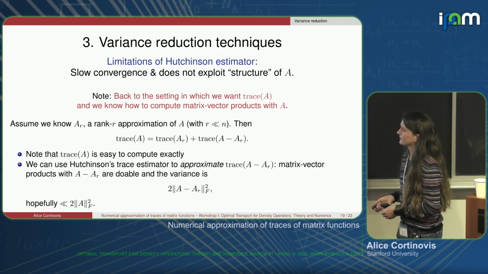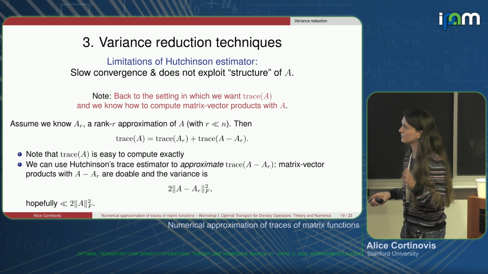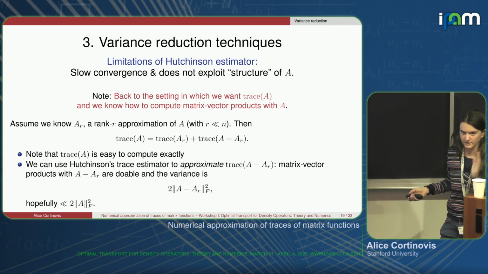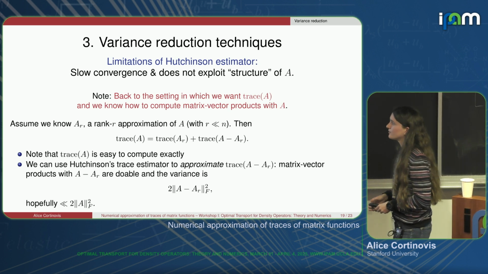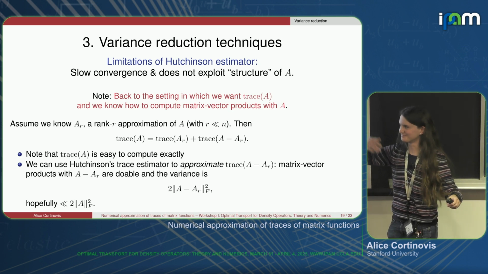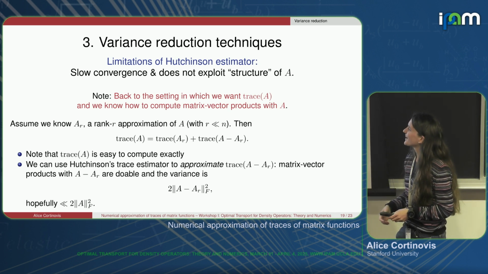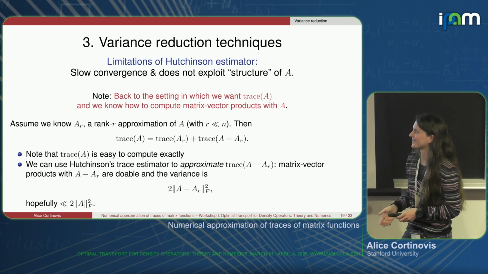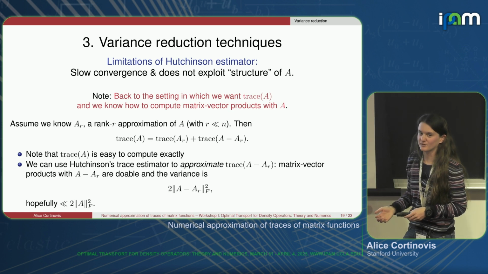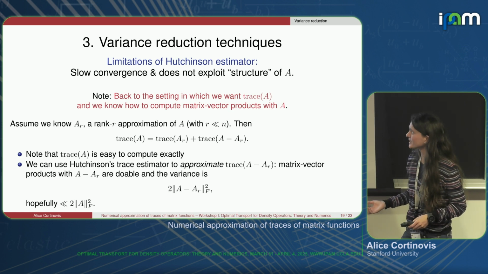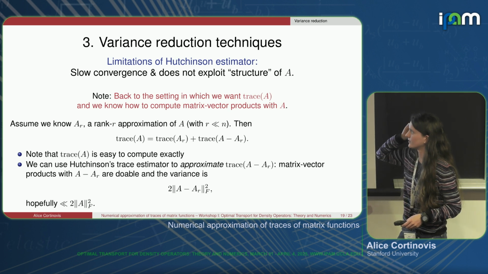Let's go back to the setting in which we want the trace of a matrix A, and we know how to compute matrix-vector products with A. Assume that someone hands us a matrix A_r, which is a rank-r approximation of our matrix A, for some rank r much smaller than n.